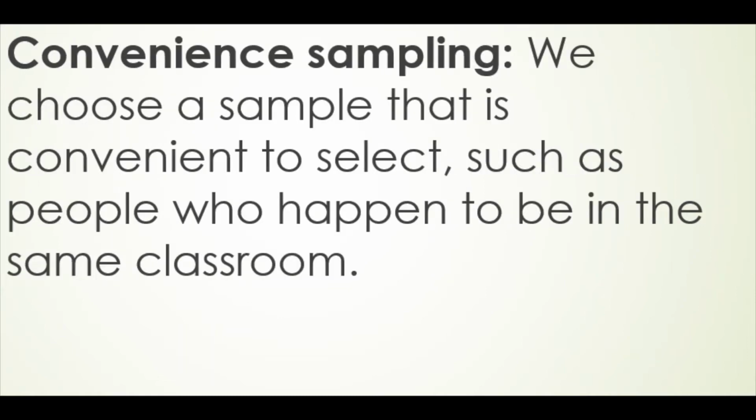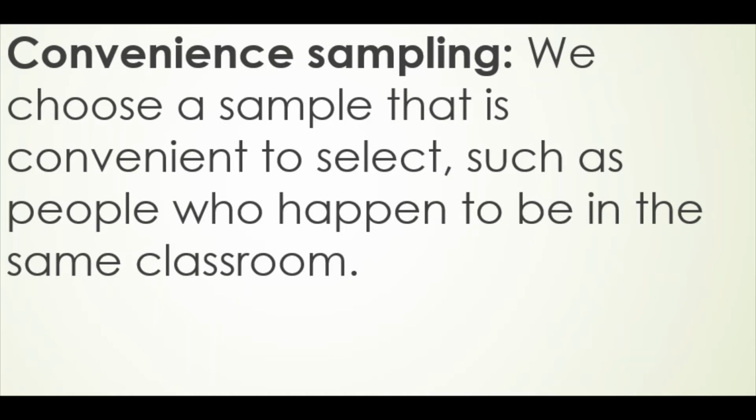Next is convenience sampling. With convenience sampling, we choose a sample that is convenient to select, such as people that happen to be in the same classroom. We need to be careful with this because convenience sampling doesn't always give us a representative sample. For example, if we wanted to know the opinion of the entire school, it wouldn't necessarily be helpful to only interview the members of our classroom, because our class has particular characteristics that might not be shared by the whole school.